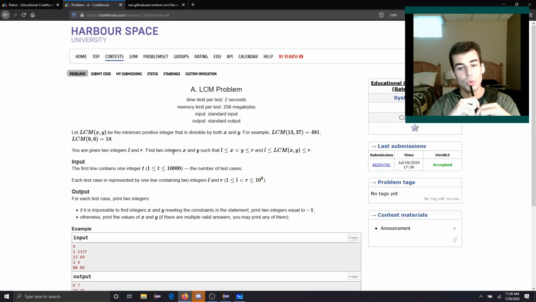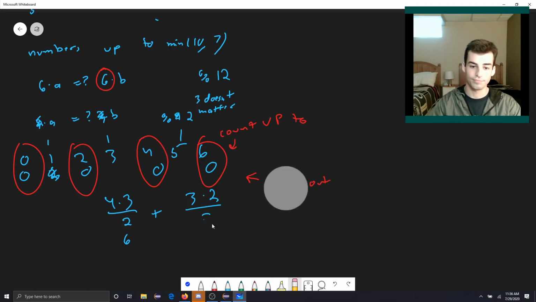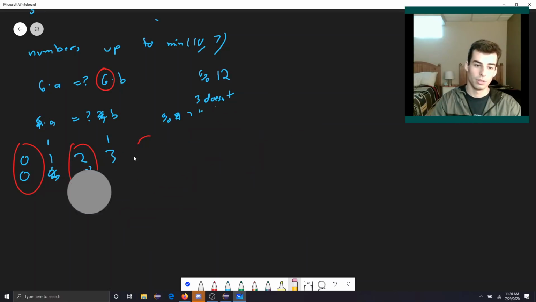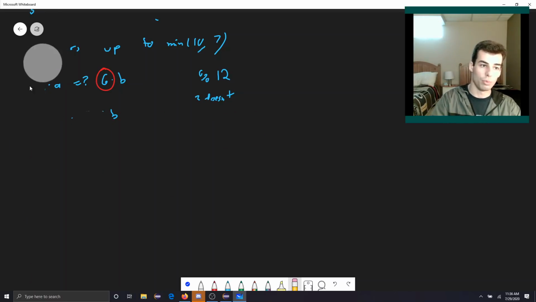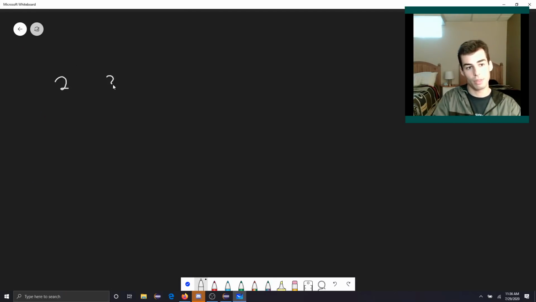So if you want the LCM to be in the range, let's say you've got the numbers 2 and 3. You've got 2, you've got 3, and you need the LCM of 2 and 3 to be within some range.